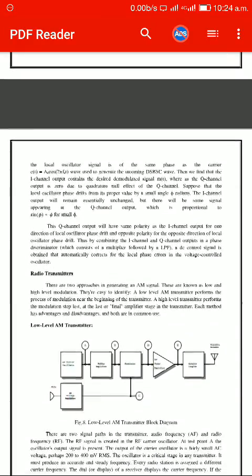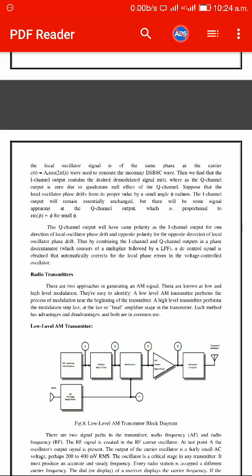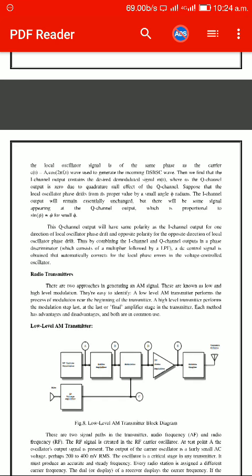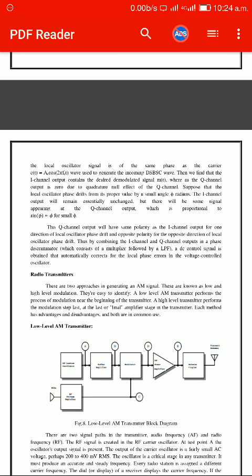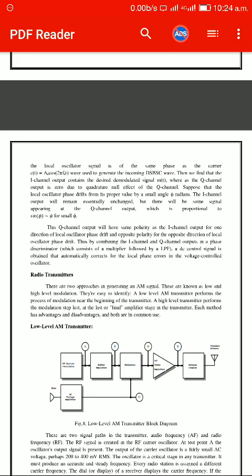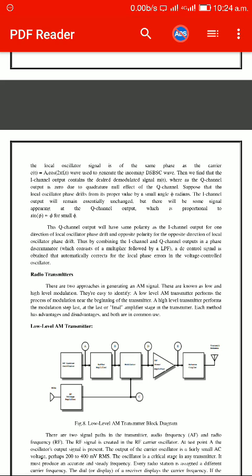Next, suppose the local oscillator has a phase difference, that is, a phase drift. Then the I channel will remain essentially unchanged, because the carrier frequency and the local oscillator frequency are synchronized.